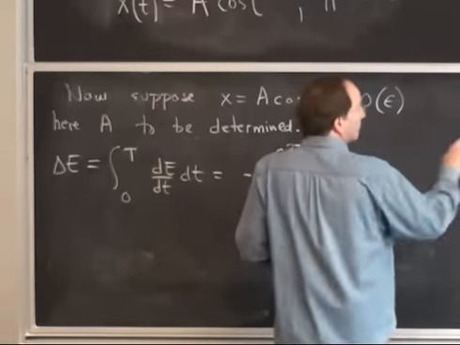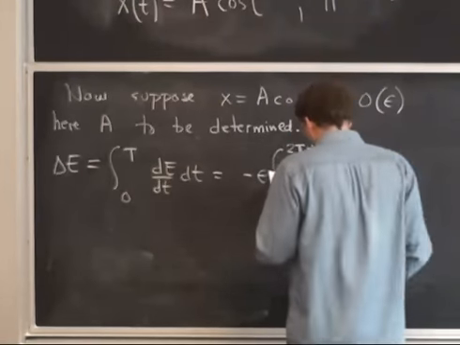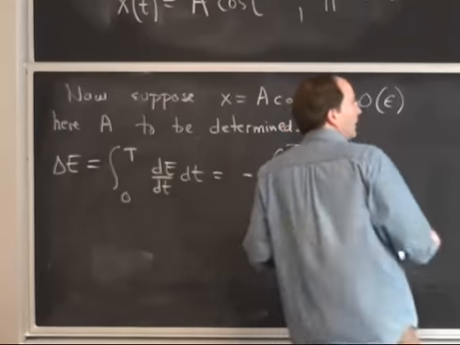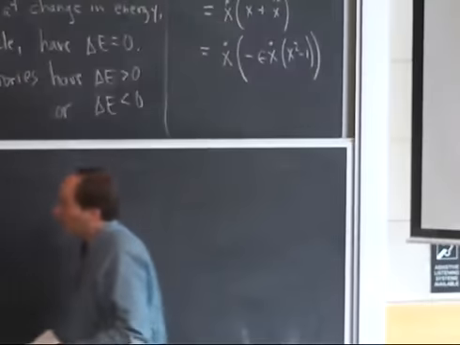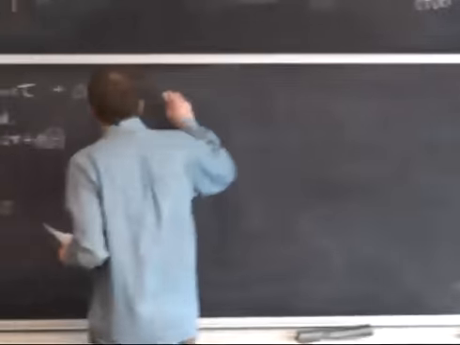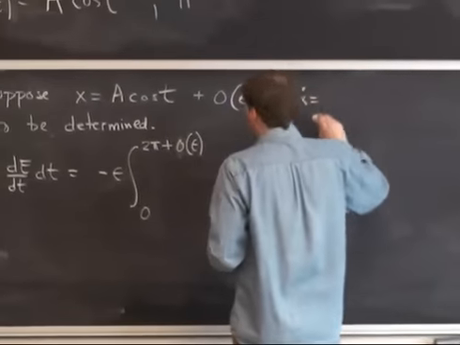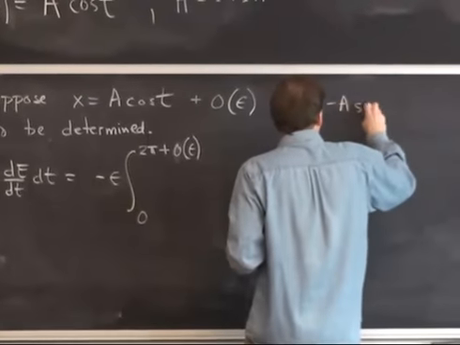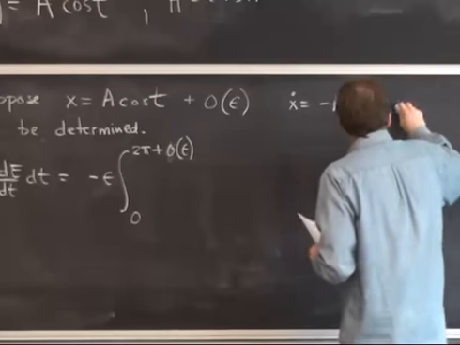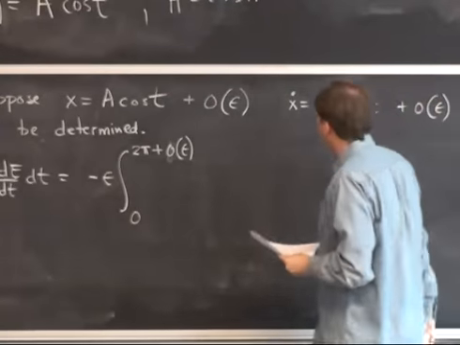So plugging in for x and x dot, you get, well, actually, look at this. We have x dot times x dot. So there's an x dot squared. That would mean up here, x dot is minus A sine t plus order epsilon.